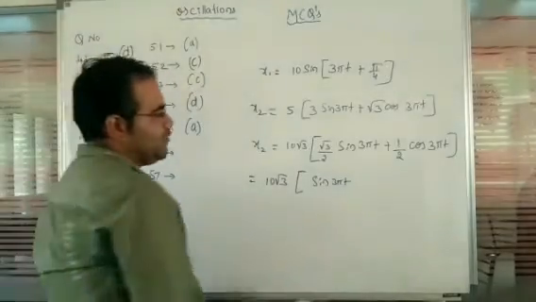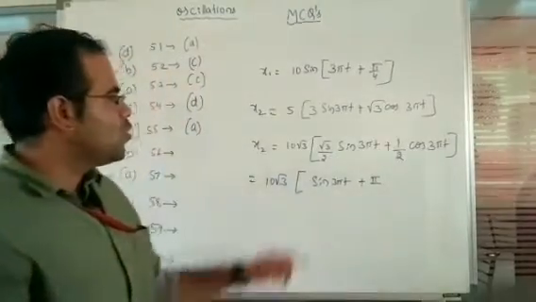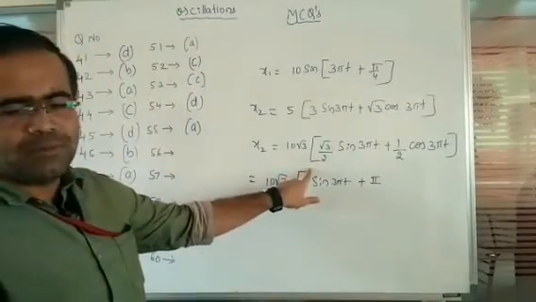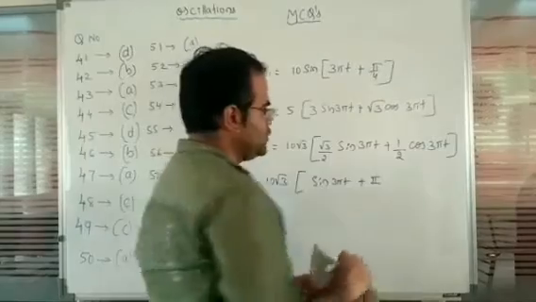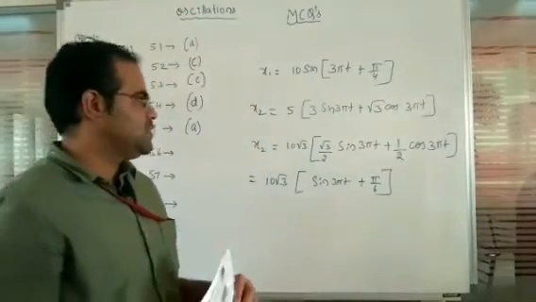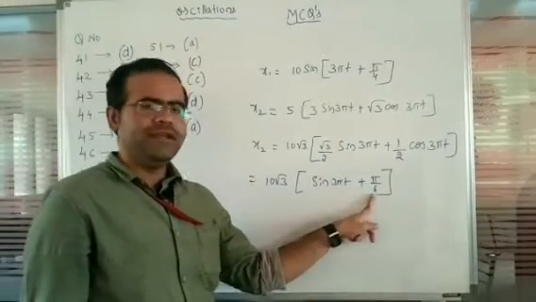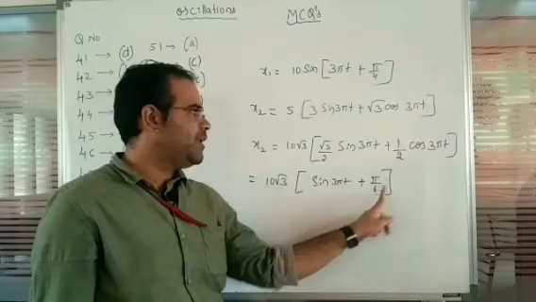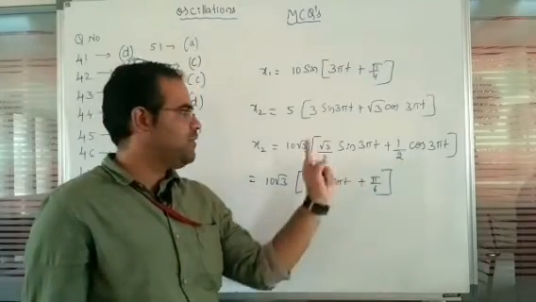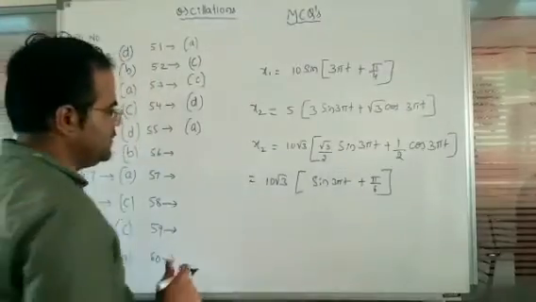So this is what we observe, plus pi by 6, with root 3 by 2 and here 1 by 2. So sine pi by 6, that is sine 30 degree, will be 1 by 2. And cos 30 degree will be root 3 by 2. So that is the reason.